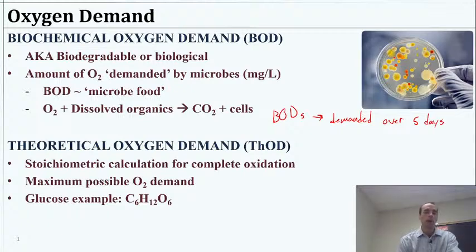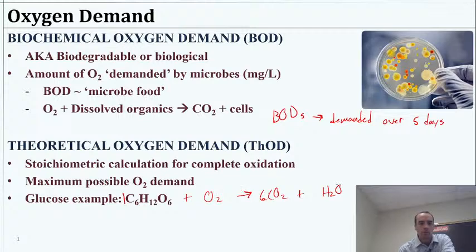So the theoretical would be to take 1 glucose plus some amount of oxygen to yield 6 CO2, and we'll probably have some amount of water.